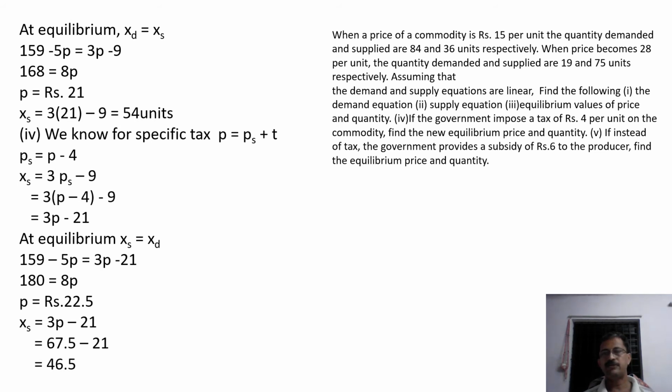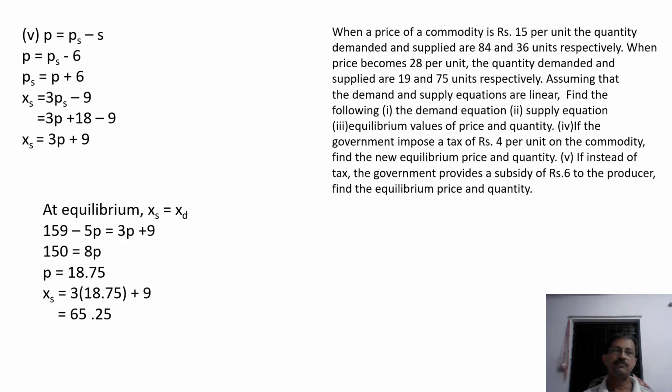Now lastly, we have to answer this question. If instead of tax, the government provides a subsidy of rupees 6 to the producer, find the equilibrium price and quantity. To calculate that, P is given by Ps minus S, where S is the subsidy. So if the subsidy is 6, we get Ps equal to P plus 6. Substituted in the supply equation, the new supply equation becomes this.